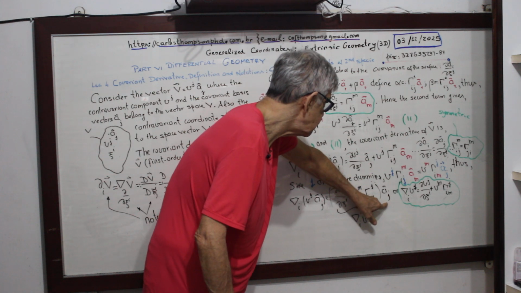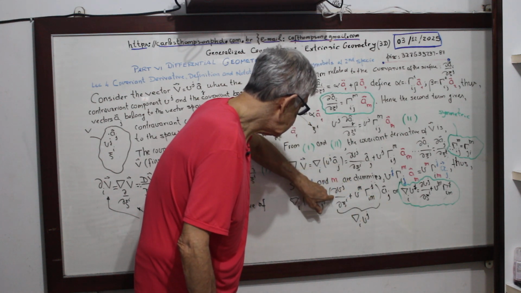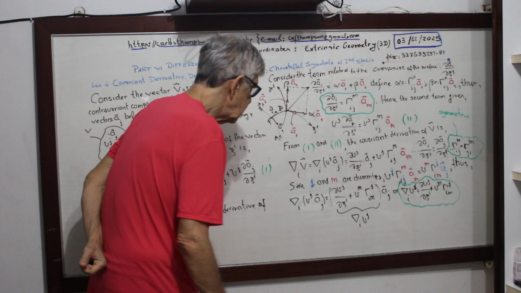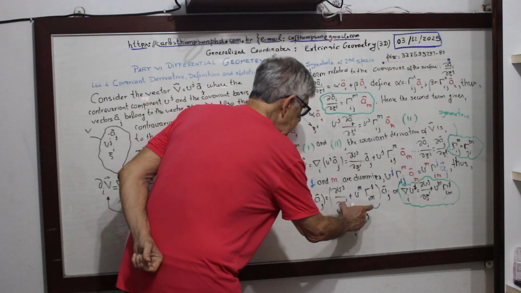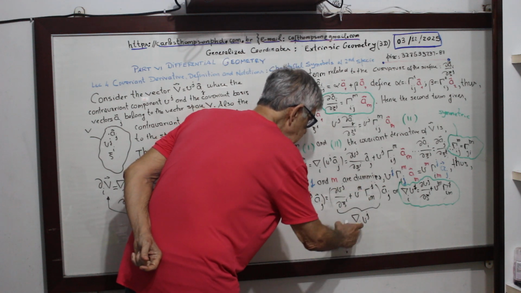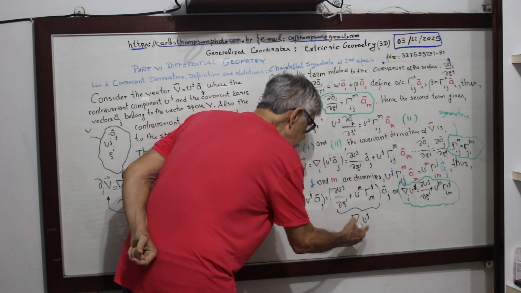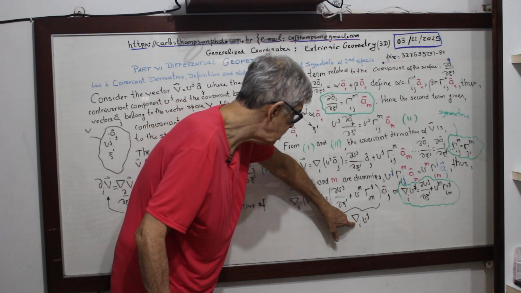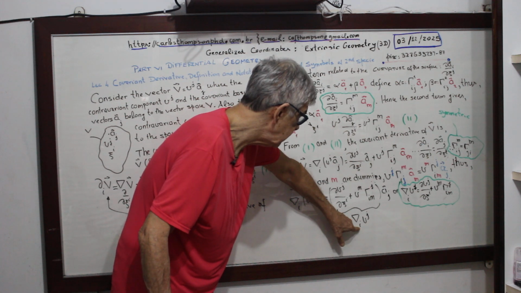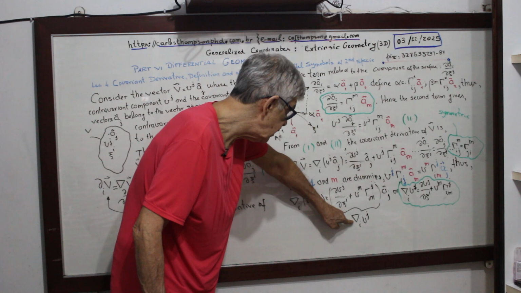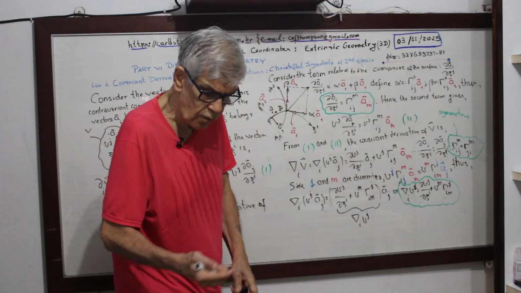So Aj multiplies this, and this is the covariant derivative. Now, you see, the component is the covariant derivative represented by its components, okay? Nabla sub i Vj. This is a covariant derivative expressed in terms of components.